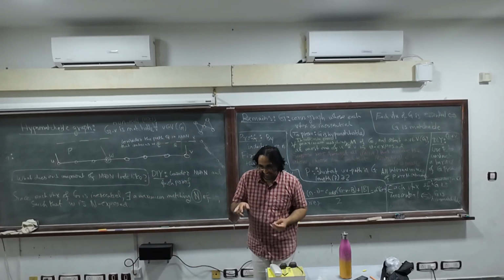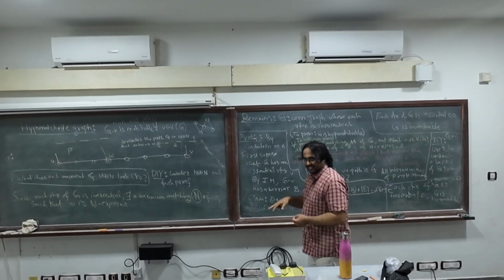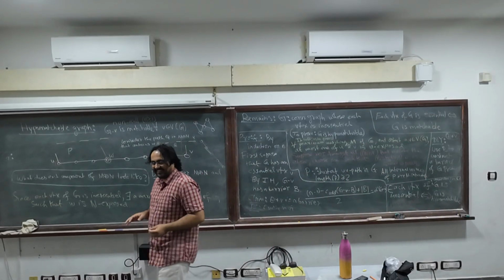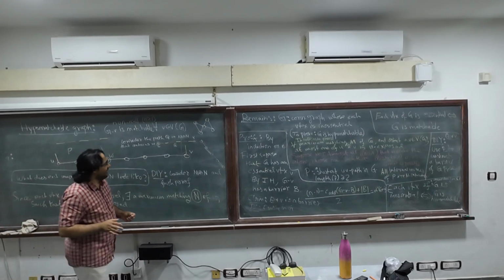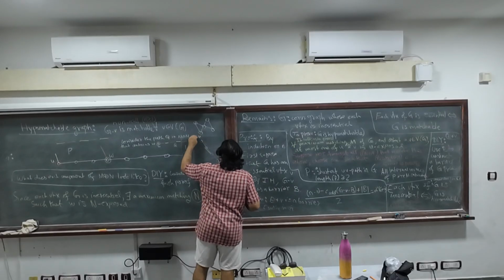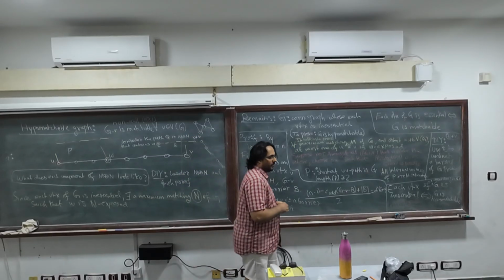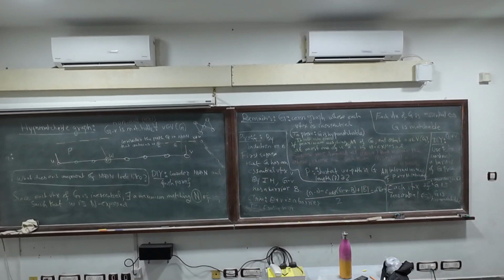That's a trivial statement, because u and v are distinct. X cannot be both u and v. So it's not one of them. Let's suppose it is not u. Let me assume without loss of generality that x is not equal to u. Then I claim that we can get a contradiction.